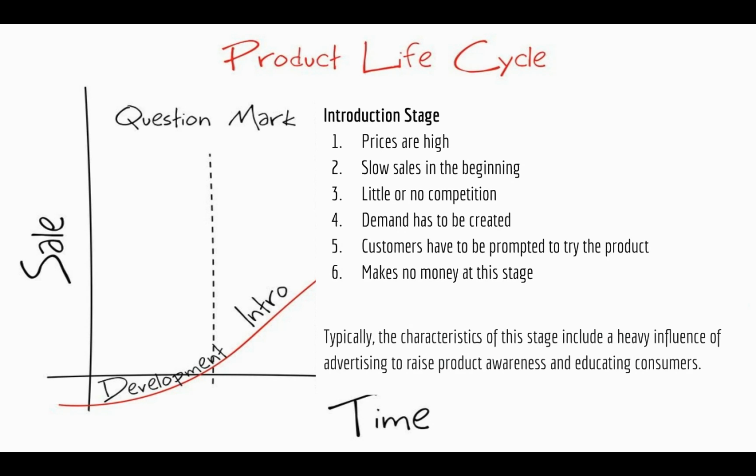The demand has to be created. They almost have to convince consumers, who have to be prompted to try this product or service. There's really no focus on making any profit at this point because there's probably little or no sales. Typically, the characteristics of this stage include heavy advertising, but also educating consumers.